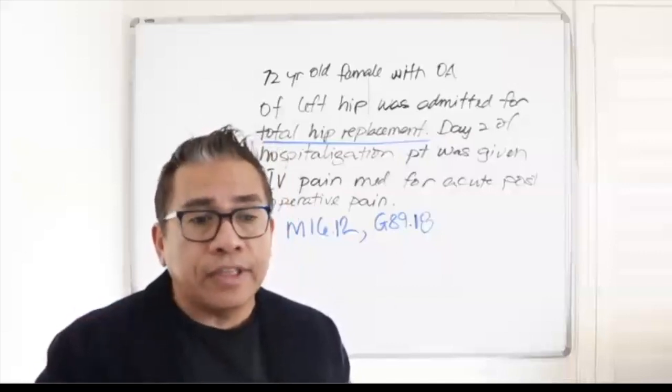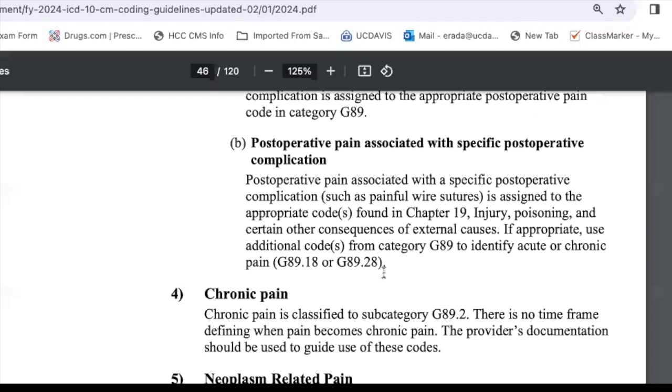The guidelines say that you are to assign a complication code for pain due to device, and if necessary, also assign a G89 code if it's acute or chronic pain.